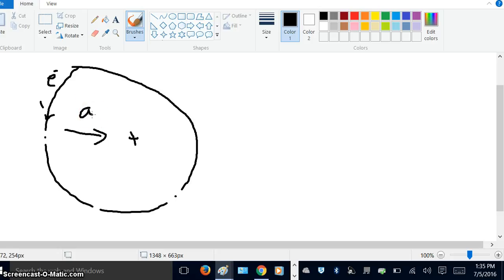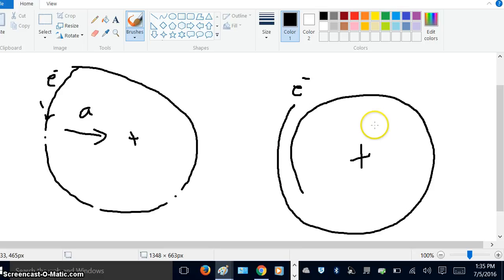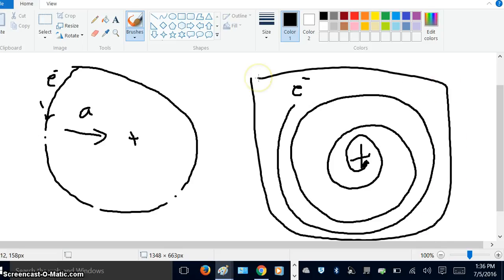And so rather than stay in a stable orbit the way the planets do around the sun, or around another star, the electron would, in less than a second as a matter of fact, begin to spiral in towards the nucleus and ultimately crash into the nucleus. This is what classical mechanics tells us happens to electrons.